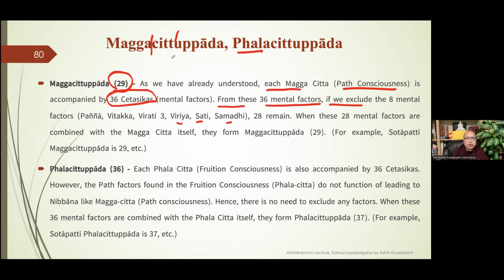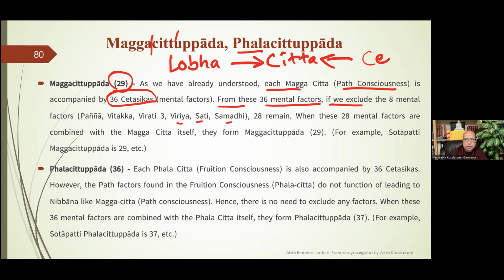For example, with lobha hetu, we look at how many kinds of citta are accompanied by the lobha, and then how many cetasika are together with this citta. In this formula we have to exclude the lobha.